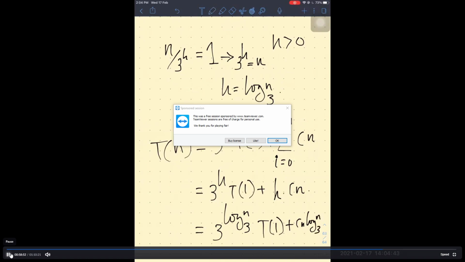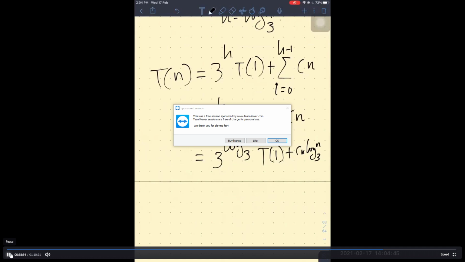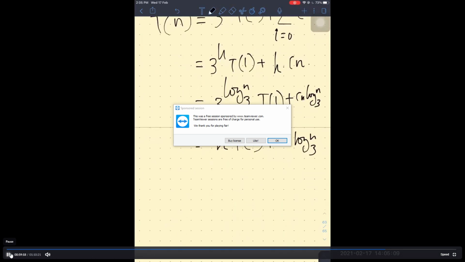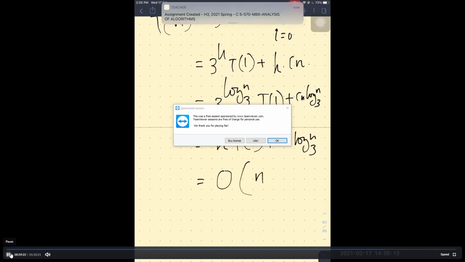If we simplify this, we get n times T(1) plus c n log n base 3. Here we have this term as the highest degree term, as it will go faster than n. So the runtime of this algorithm will be big O of n log n.